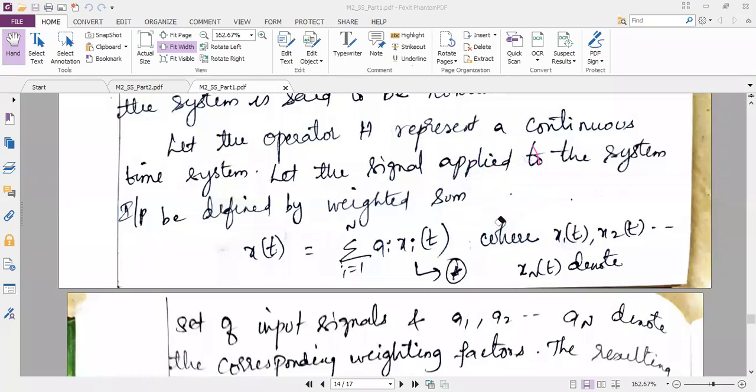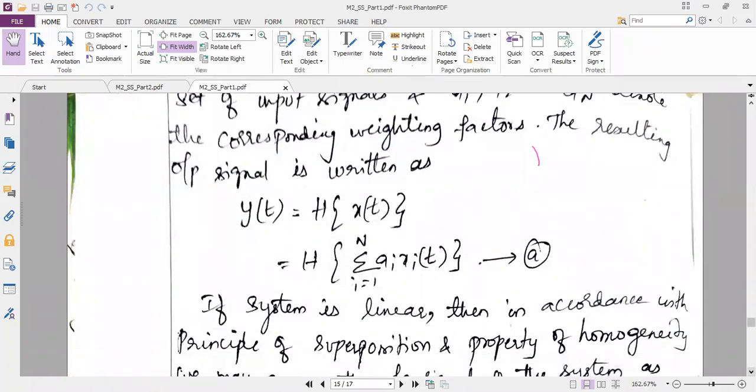Next I am going to the next equation. Since I have said H is the operator, you know that for any system, how do I relate x of t and y of t?